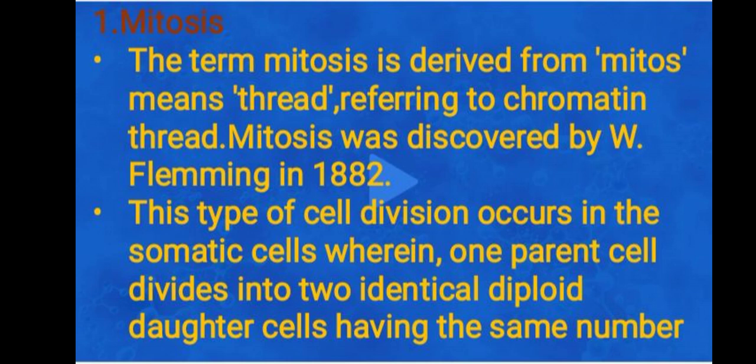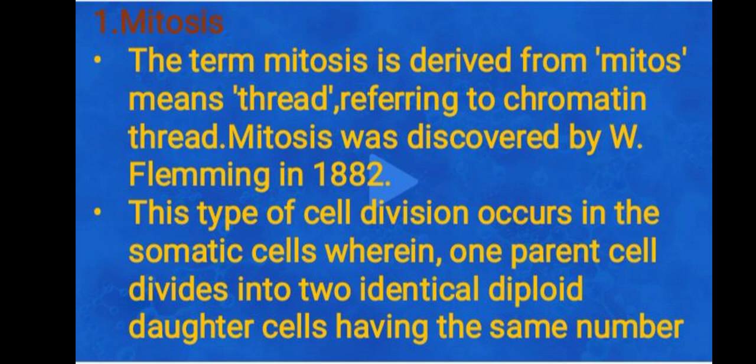Mitosis. The term mitosis is derived from mitos, which means thread, referring to the chromatin thread. Mitosis was discovered by W. Flemming in 1882. In this type of cell division, somatic cells get divided.